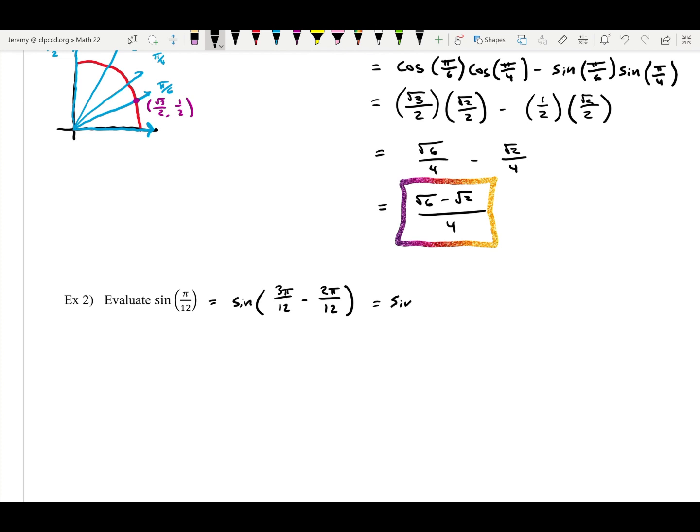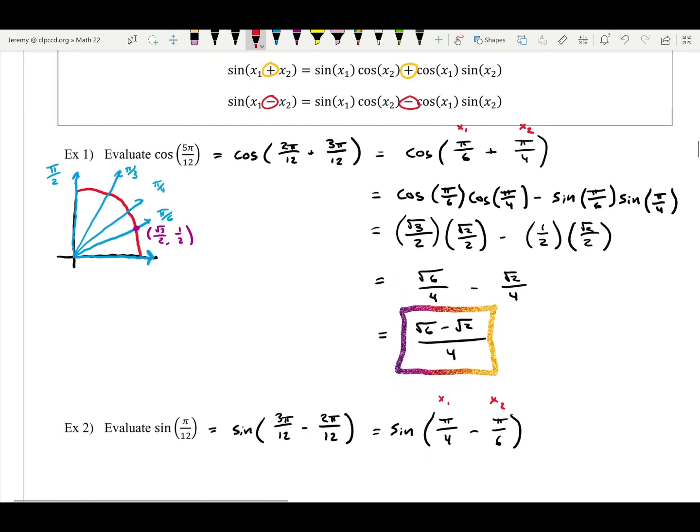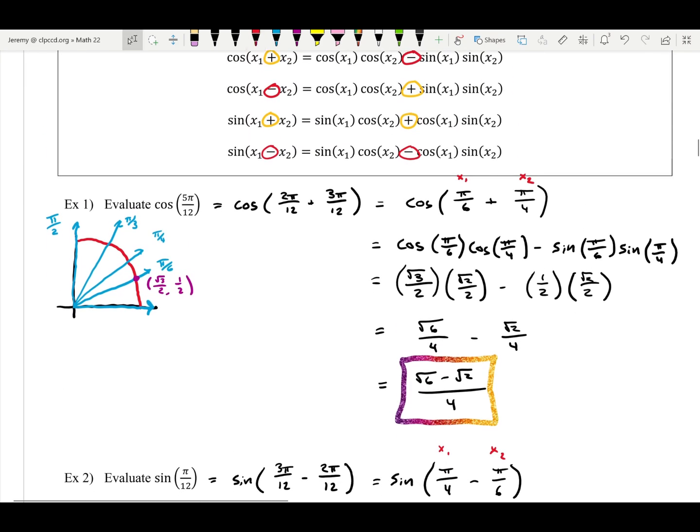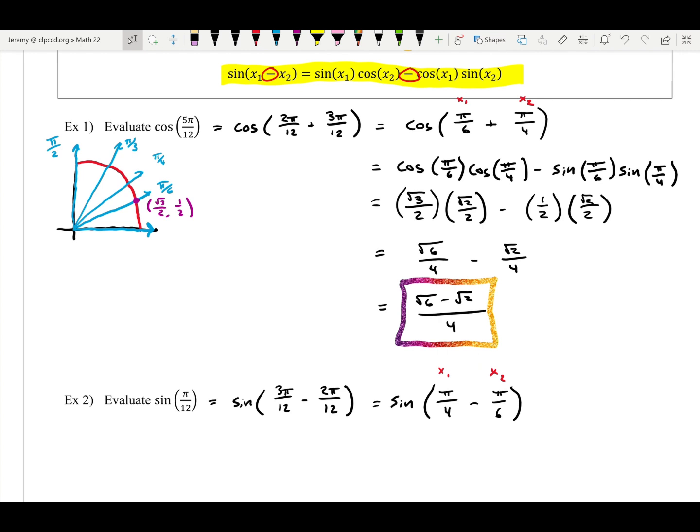So this will be sine of 3 pi over 12 becomes pi over 4. 2 pi over 12 becomes pi over 6. All right, so now this is my x1 and x2, and I'm going to apply which formula? This is a difference, so it's actually going to be this last one. We're going to apply this last difference, sine difference formula.